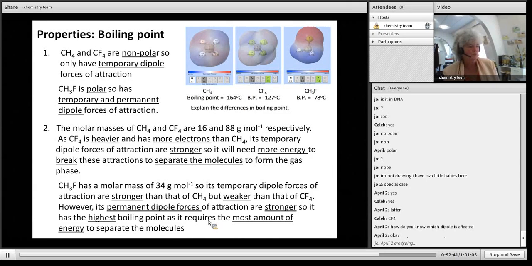You could, if you wanted, state that there's no hydrogen bonding present because you don't have a hydrogen bonded to an electronegative F, O or N, because here the electronegative F is bonded to the C, and the same over here. It's not bonded to the H.